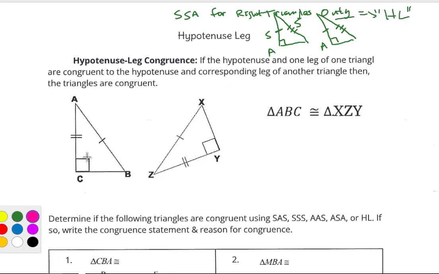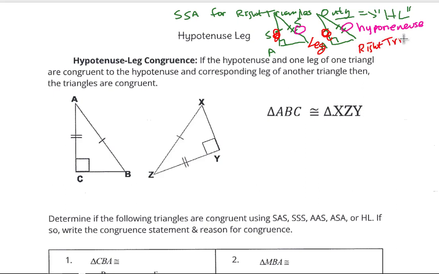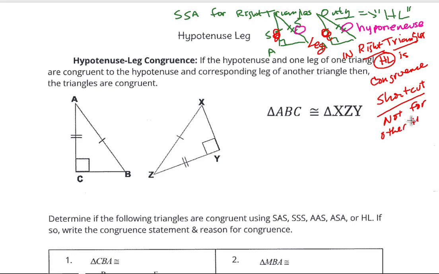So if you have a right triangle or two right triangles and you can show or prove that the two hypotenuses, or two hypoteni, are congruent and two of the corresponding legs are congruent, then by hypotenuse leg, you have enough to prove that those triangles are congruent, which means that all 6 parts of those triangles are going to be congruent, just with the shortcut of showing that it's a right triangle and that you have a hypotenuse and a leg.